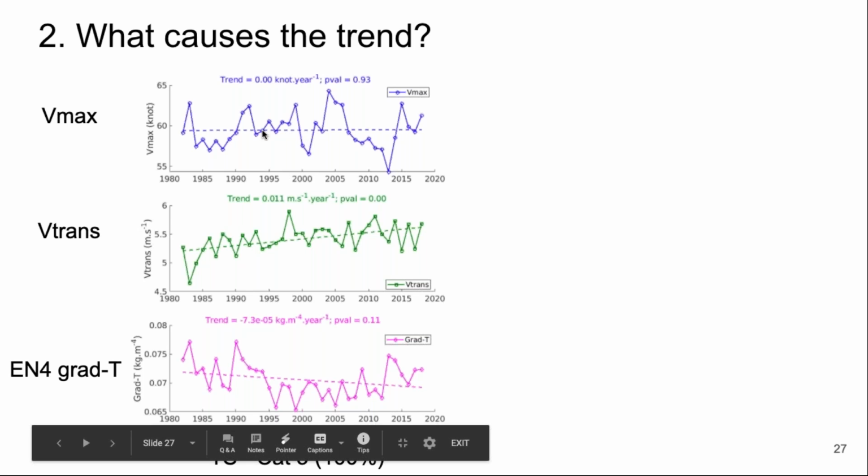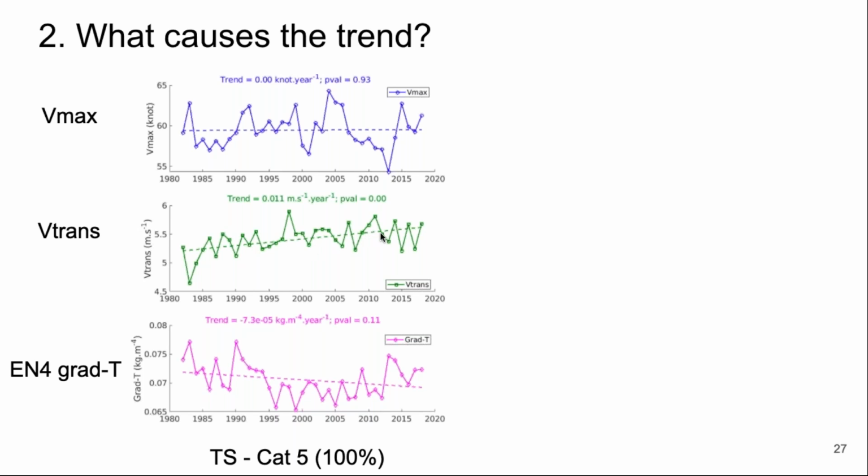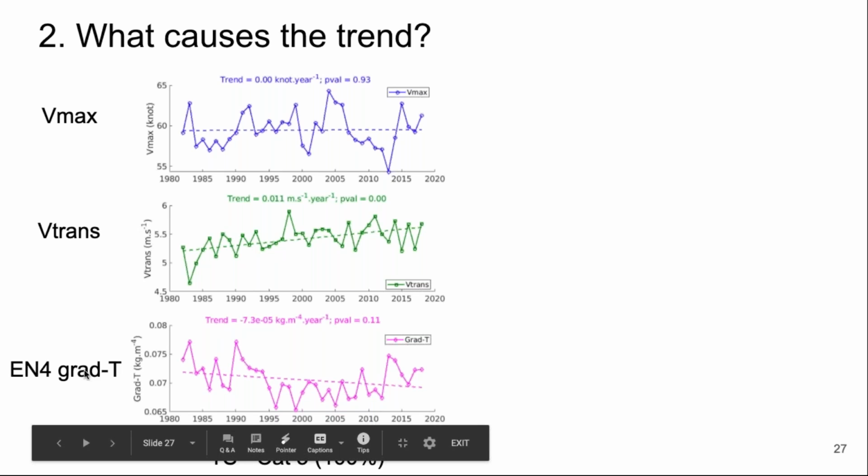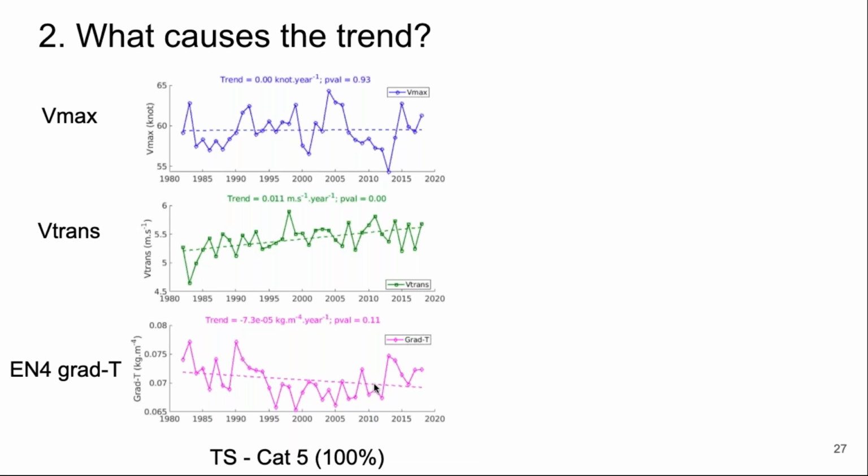But if we look at this, Vmax doesn't show a significant trend. Translation speed shows an increasing trend, which means storms are getting faster, so this cannot explain the cold wake trend. And the temperature gradient is decreasing, so it cannot explain the increasing trend of the cold wake either.